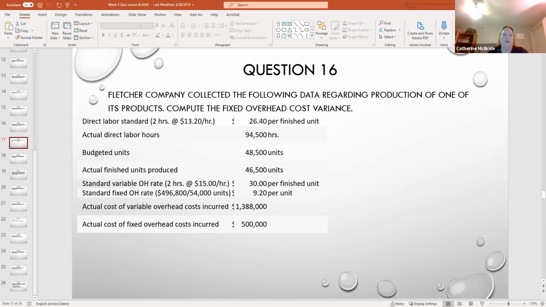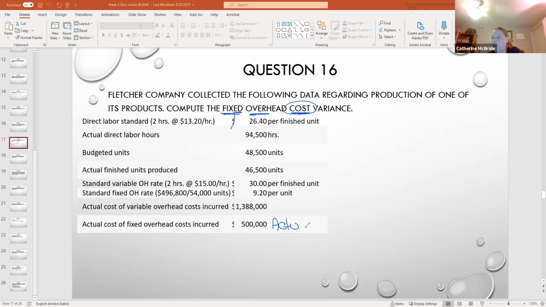All right, this looks like tons of information, but it's not bad actually. Fletcher Company collected the following data regarding production of one of its products. We want to compute the fixed overhead cost variance. We know the actual cost of fixed overhead was 500,000.